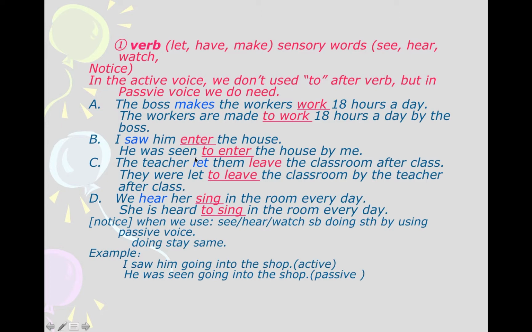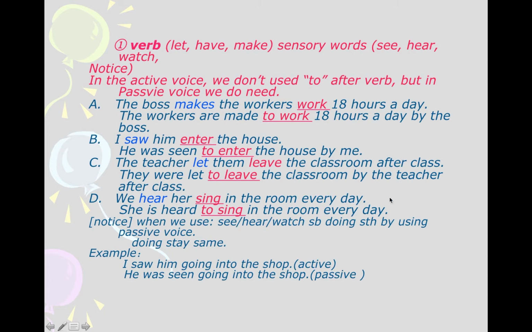So we have to say he was seen to enter the house by me. So "to" right here. And then another example: the teacher let them leave the classroom after class. They were let to leave the classroom by the teacher. So here's they were led to leave the classroom by the teacher. That's why we need a "to".